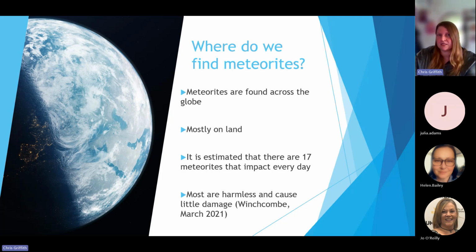So any impact craters that are on the ocean floor, the ocean plates are much younger, so the likelihood is that we wouldn't see them anyway, as they have been destroyed at a plate boundary. But yes, it's estimated there are 70 meteorites that impact every day, and most of the time we just don't hear about them because they come without any sort of issue.